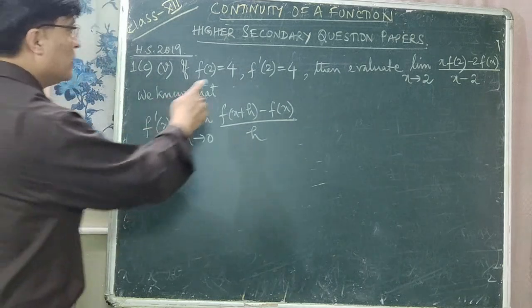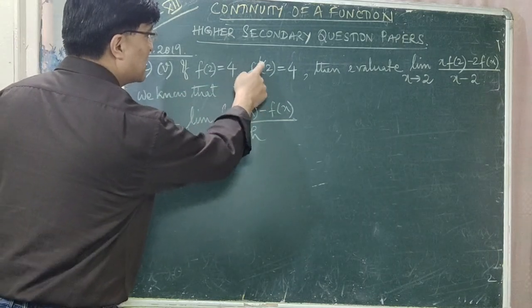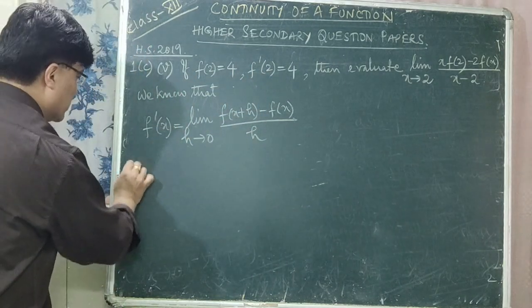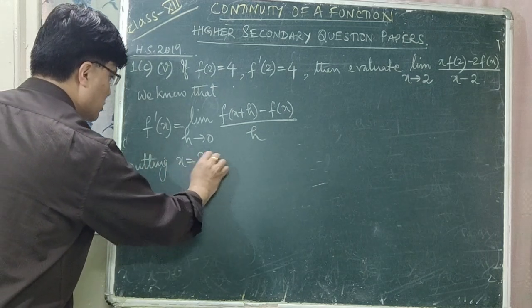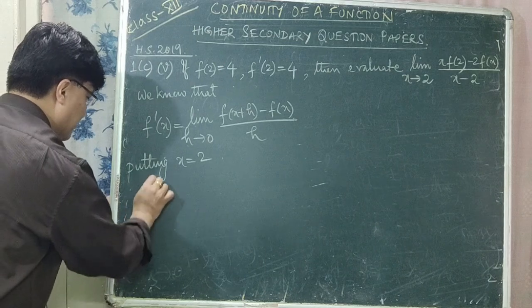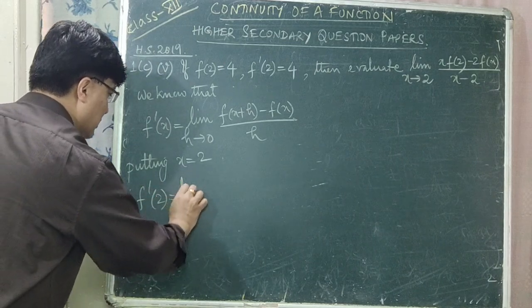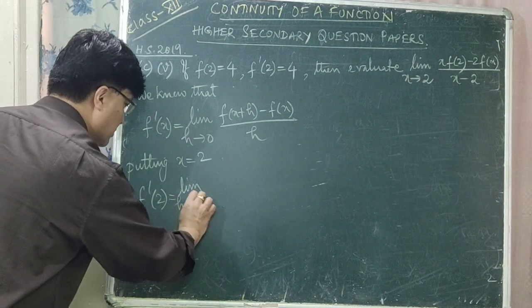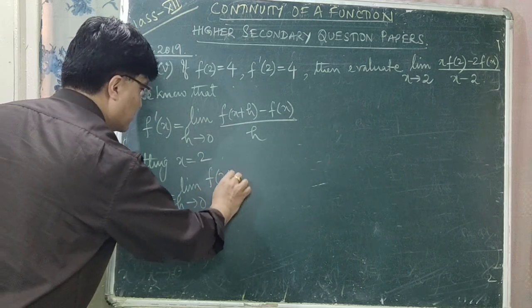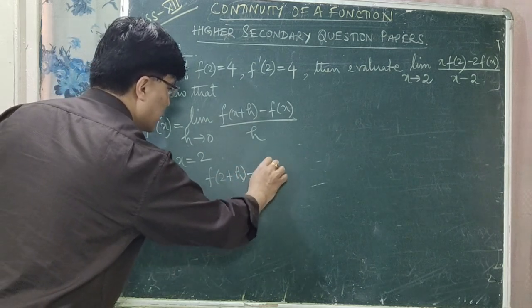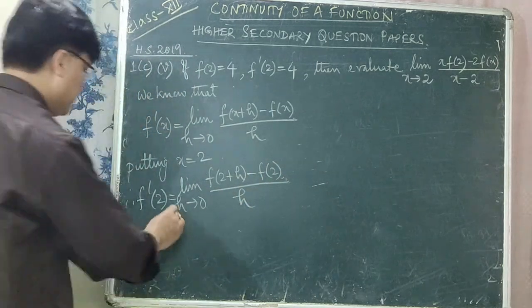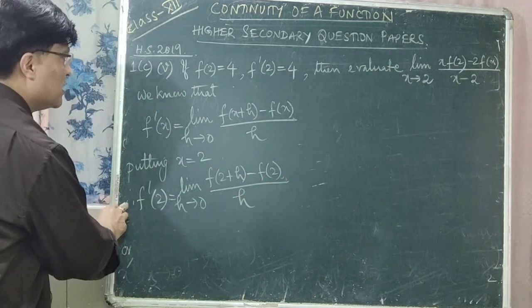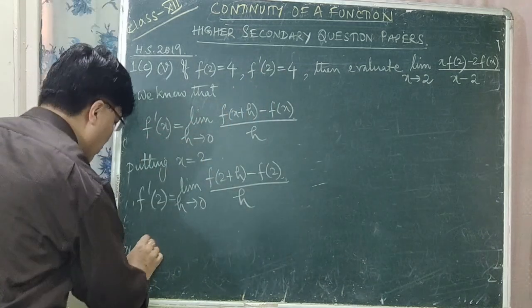Now here in the question it is given that f dash of 2, you can put x is equal to 2 out here. So putting x is equal to 2, what do we get? That is f dash of 2 is equal to limit h tends to 0 f of 2 plus h minus f of 2, this whole thing divided by h. Now by question, what is f dash of 2? F dash of 2 is 4.